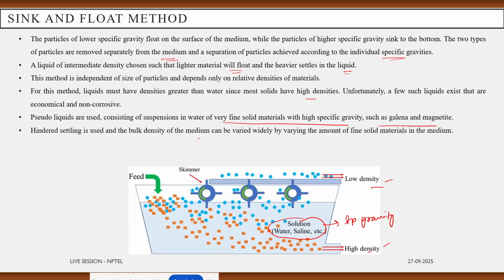In most cases when we handle the sink and float method, the hindered settling situation appears, and the bulk density of the medium can be tuned or varied widely by varying the amount of fine particles that we add in the medium to determine the specific gravity of that fluid medium.